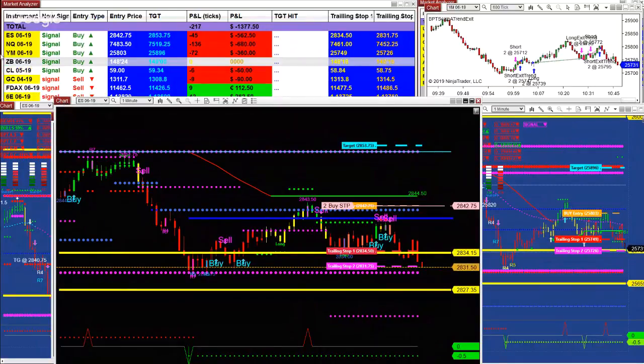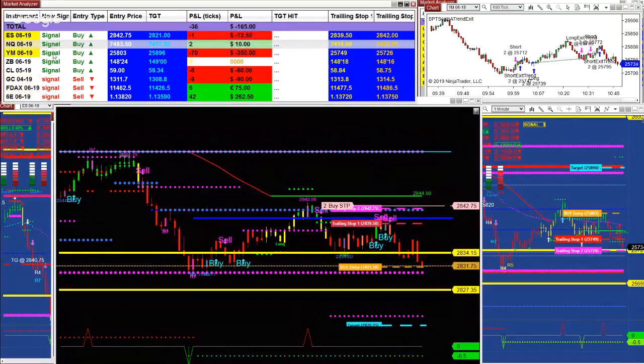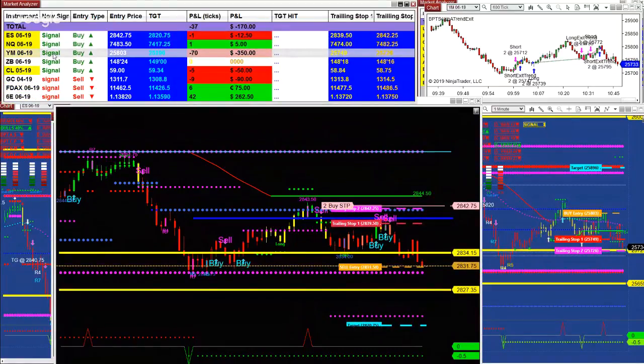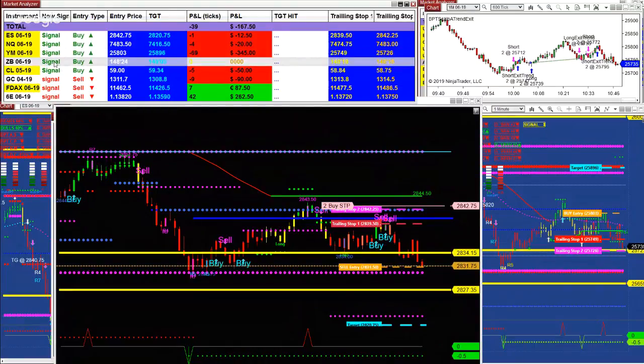It's very simple, folks. If you look at the signals, it's a buy entry on the ES, NASDAQ is a buy entry, YM is a buy entry. So we have three long directions, and the 30-year treasury bond is going to the buy entry.